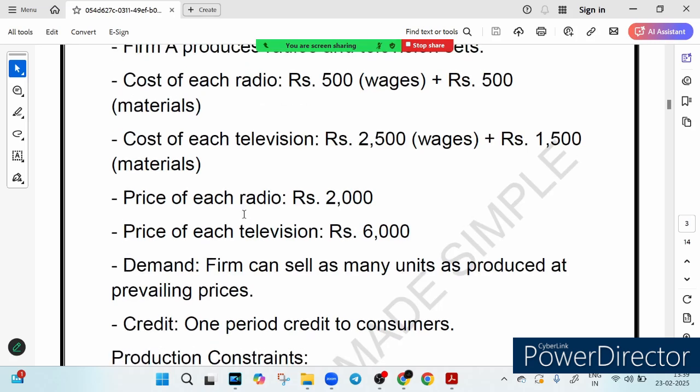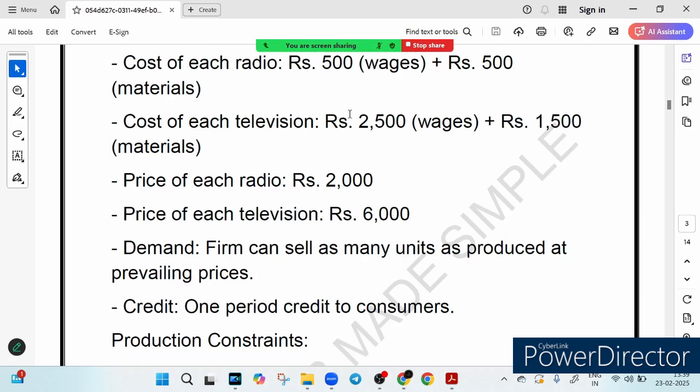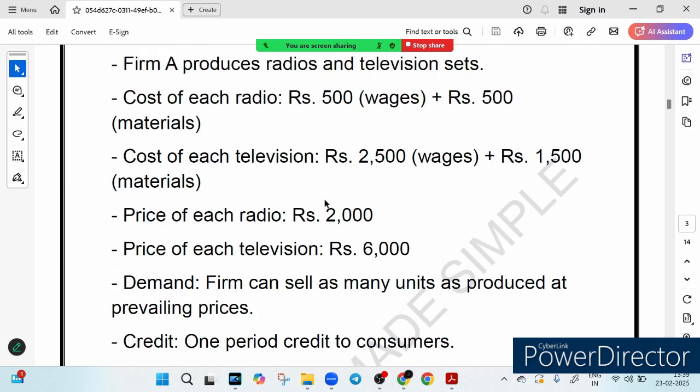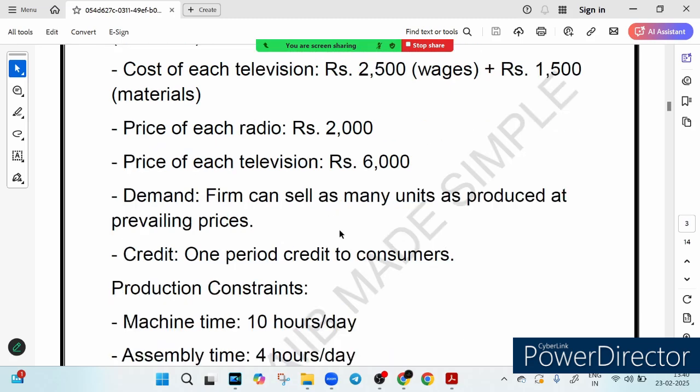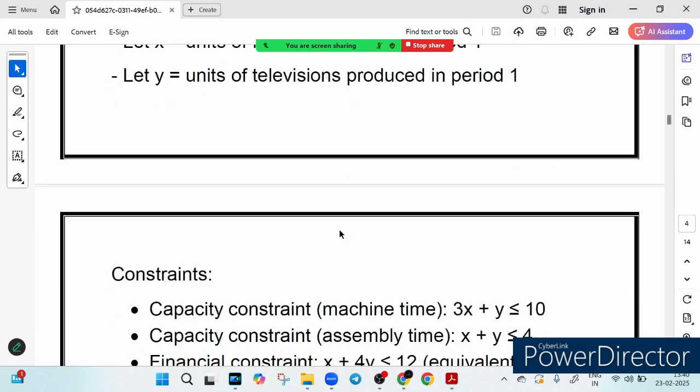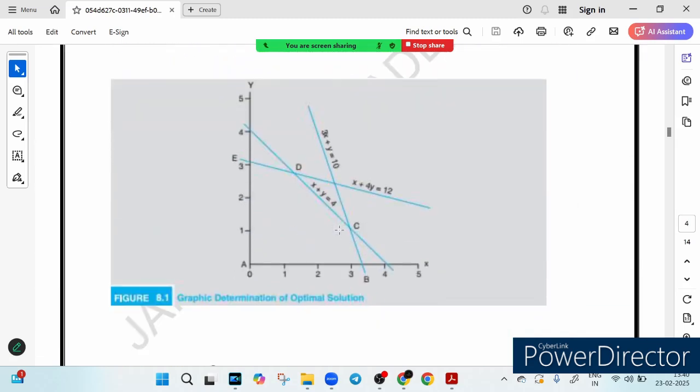The profit is the price of each radio minus the cost of each radio, which you can see here, 2000 and 6000. So each radio gives 1000 rupees profit, and each television gives 2000 rupees profit. Suppose it is given to you, right?